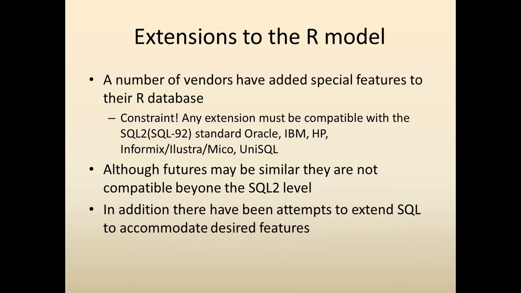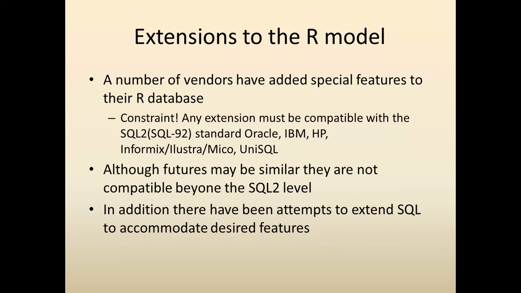Now come to the extension to the R model. A number of vendors have added special features to their R database. Okay, so the constraint is that any extension must be compatible with the SQL2, SQL92 standard: Oracle, IBM, HP, Informix, Illustra, Myco, UniSQL. So although features may be similar, they are not compatible beyond the SQL2 level.